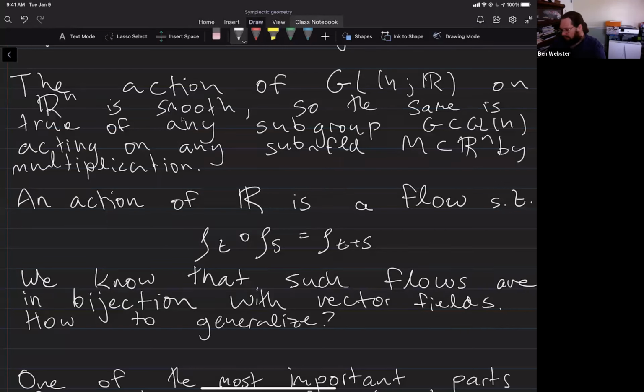In particular, we've done a lot of thinking about flows by thinking about how for every complete vector field, there's a flow gotten by exponentiating that vector field, by calculating the integral curves for the corresponding ODE. How do I generalize that notion to actions of more complicated Lie groups?